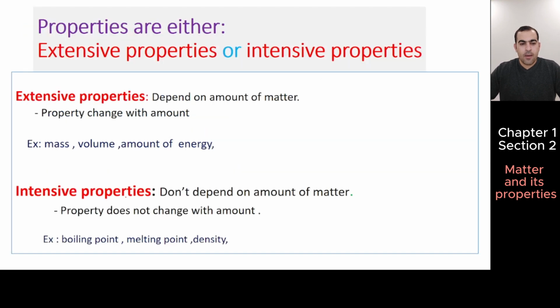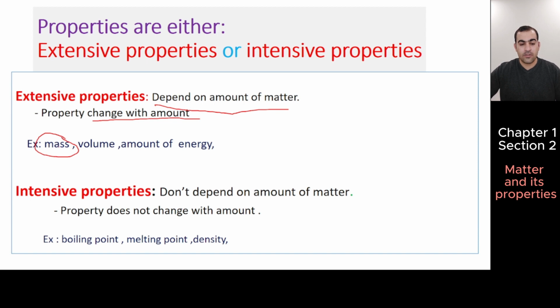Properties are either extensive properties or intensive properties. Extensive properties depend on the amount of matter. So if the amount of matter changes, the property changes. For example, mass. If you increase the amount of something, its mass increases.